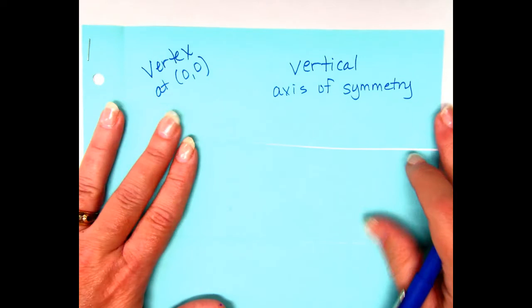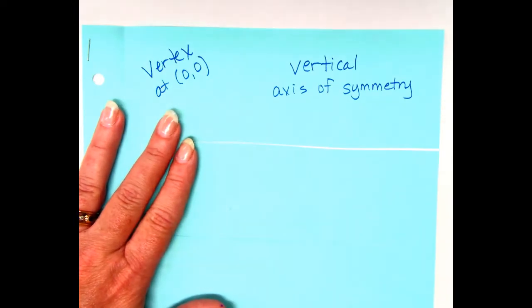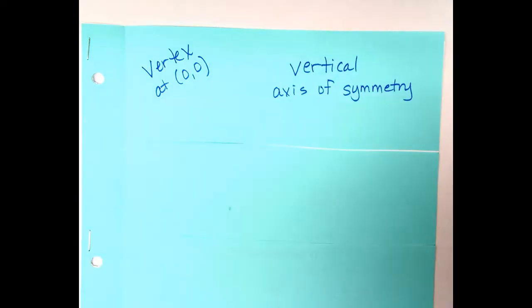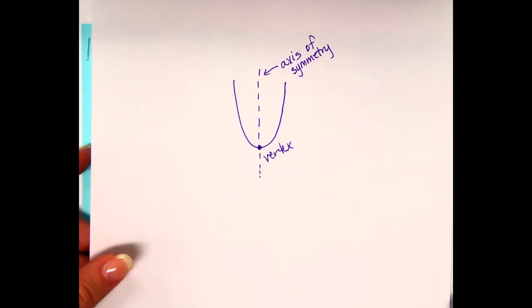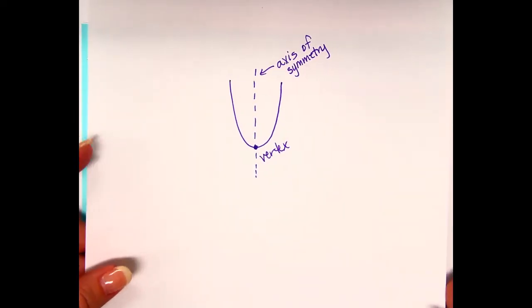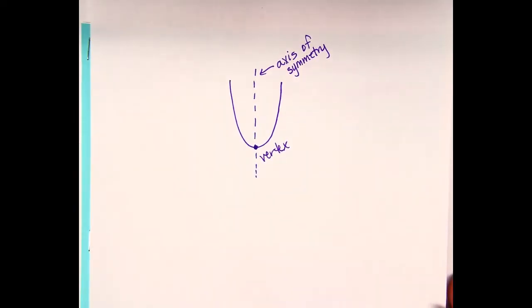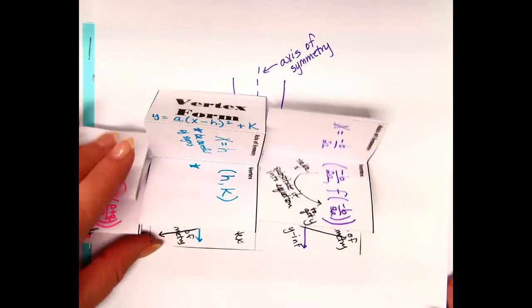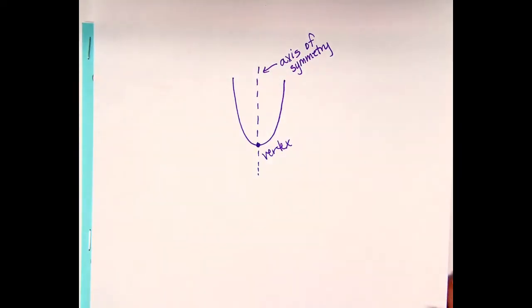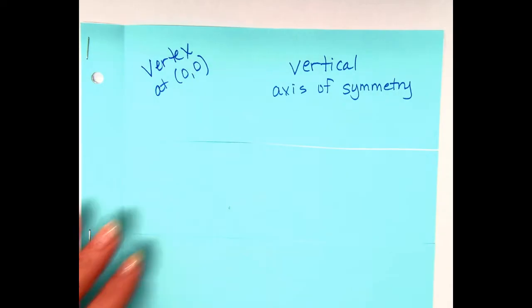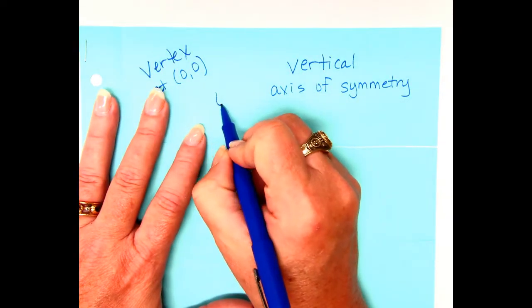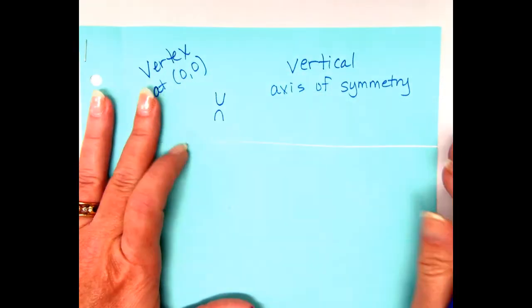Guys, if it has a vertical axis of symmetry, what does it look like? It looks like these that we talked about yesterday, right? The foldable that we made yesterday only talked about vertical axis of symmetry, right? Only vertical. So this one either opens up or down, right?